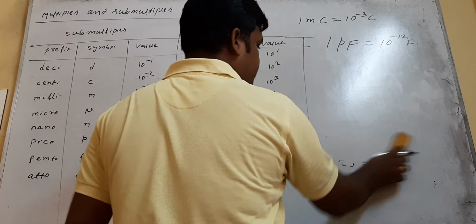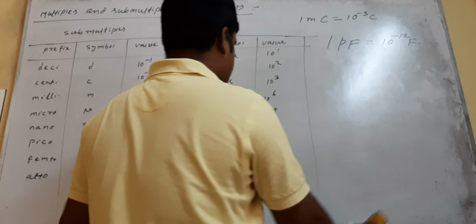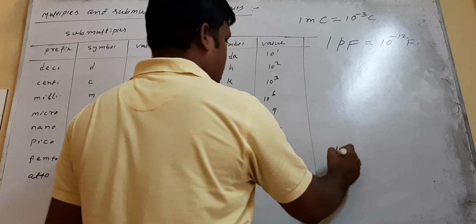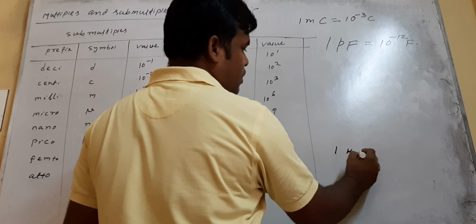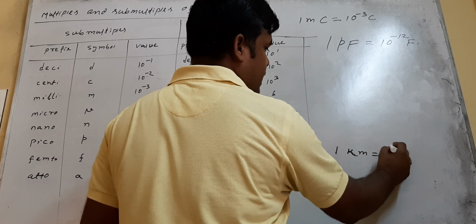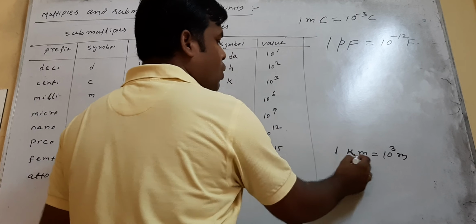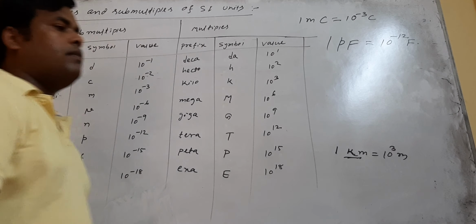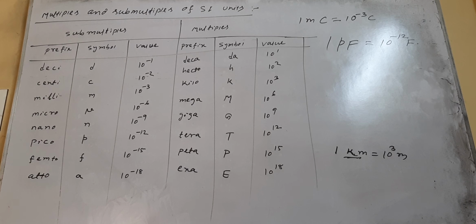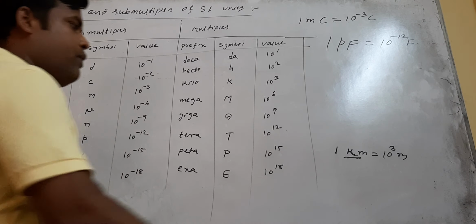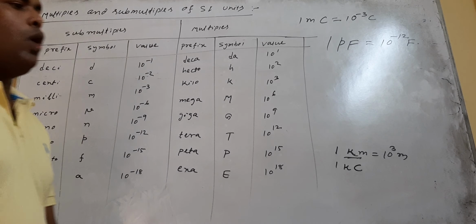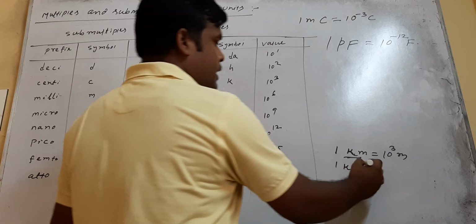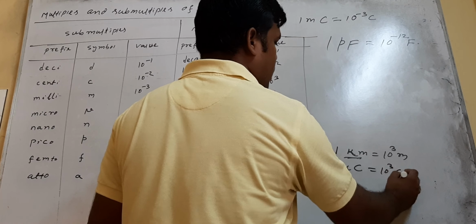If you write 1 kilometer, already told, that is 10 to the power 3 meter, means where small k comes, kilo comes, then multiple is 10 to the power 3. If you write 1 small kC, kilocoulomb, then also it is 10 to the power 3 coulomb.